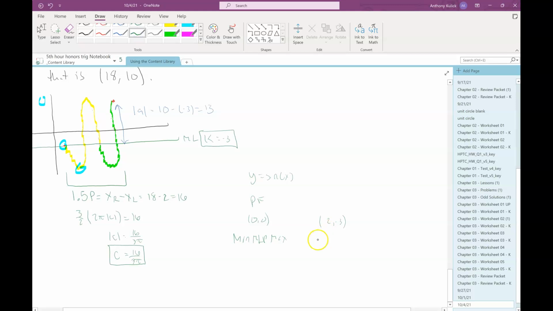Everybody see that? So that tells me that the A has to be negative. But because the x-coordinate on the parent function is 0, the H is just the x-coordinate from the transformed. And that's all we need. The thing that would have been easy to miss there was the sign on my A.